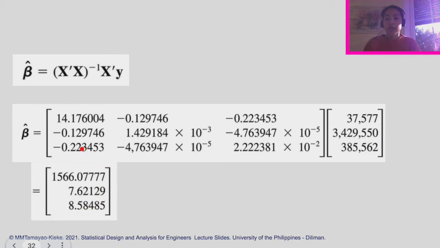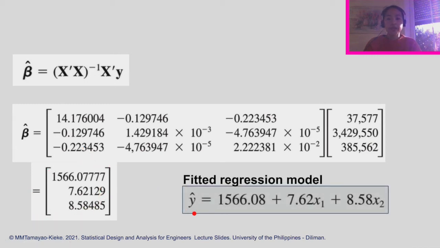Therefore, our fitted regression model is y hat equals 1566.08, that's our beta naught, plus 7.62 x1, so 7.62 is beta 1 hat, plus 8.58 x2, where 8.58 is beta 2 hat.